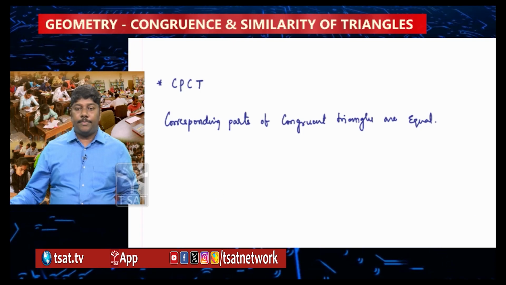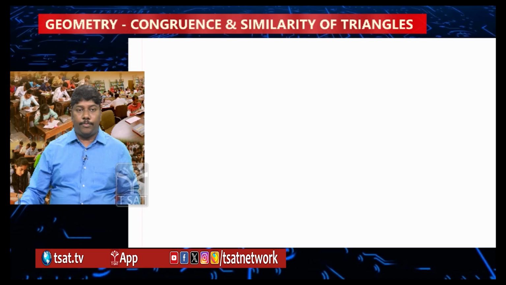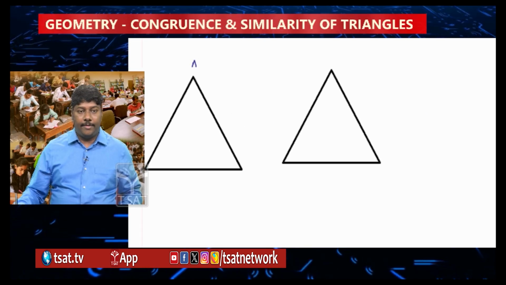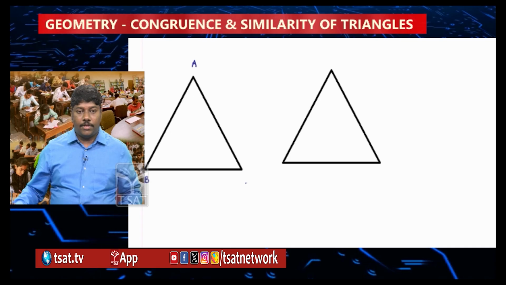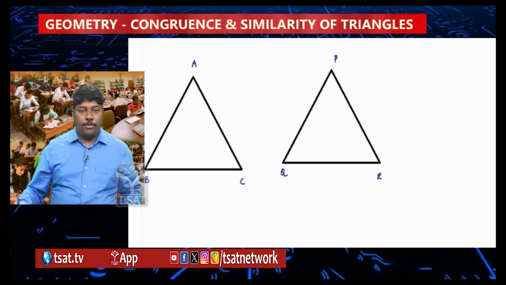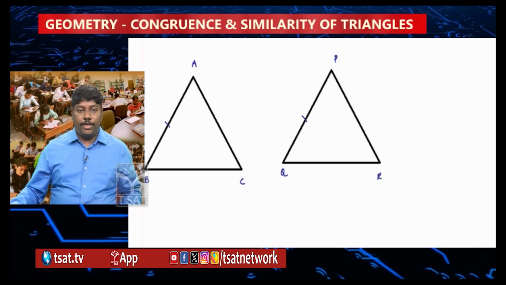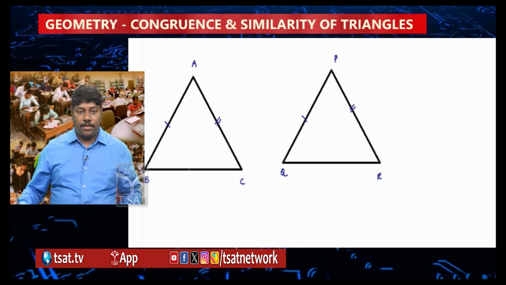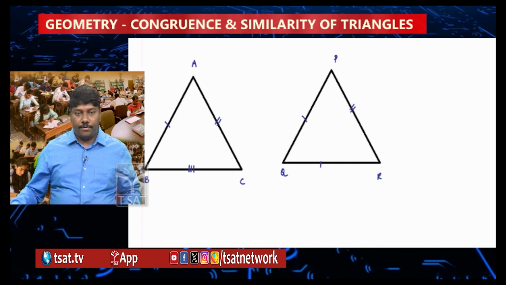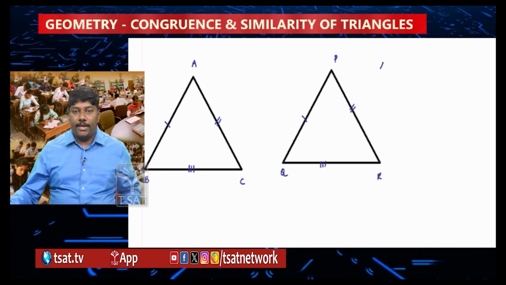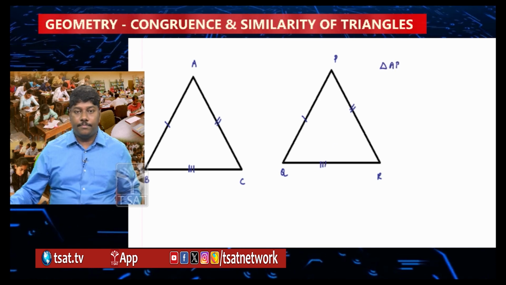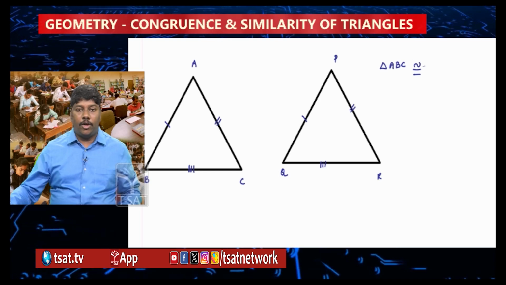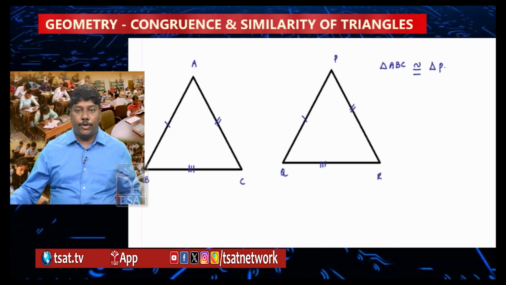What do you mean by corresponding parts of a congruent triangle? Suppose, just take a triangle. I'm saying the first triangle is triangle ABC. The second triangle is PQR. We know that AB is equal to PQ, AC is equal to PR, BC is equal to QR. So I would say triangle ABC is congruent to triangle PQR, where this symbol represents congruency.